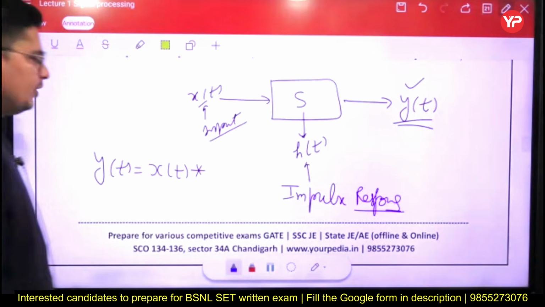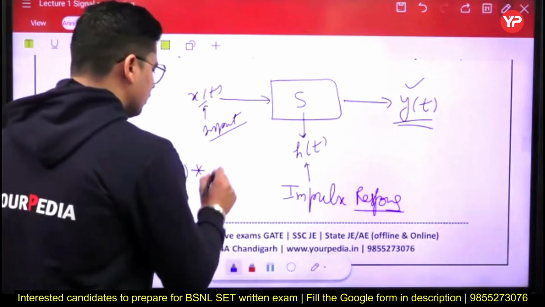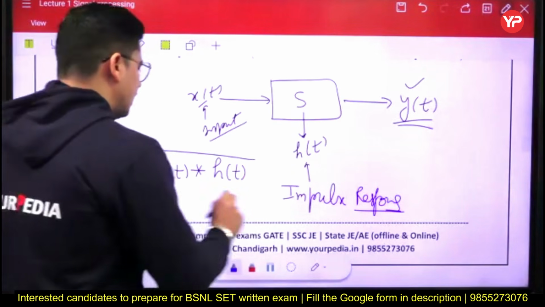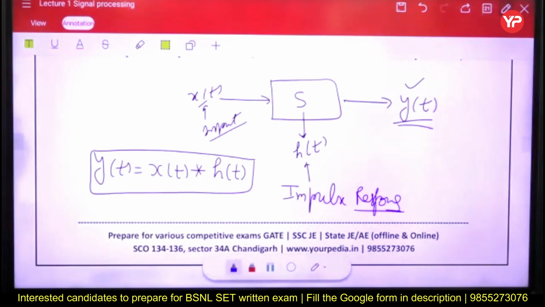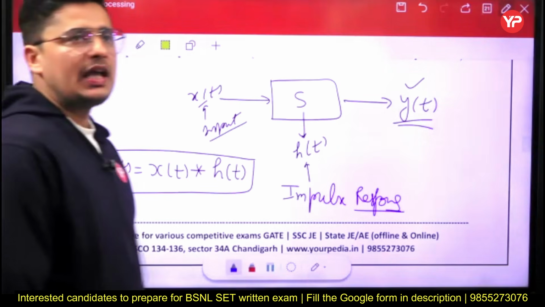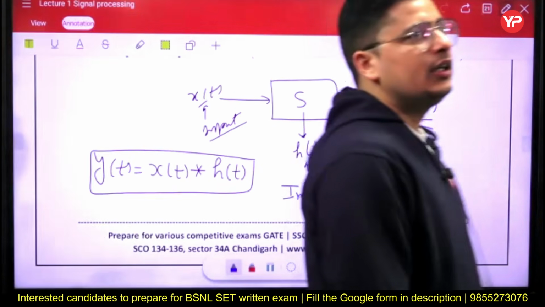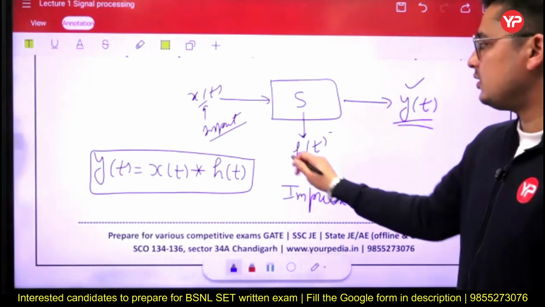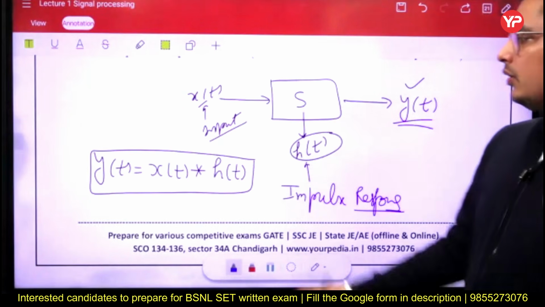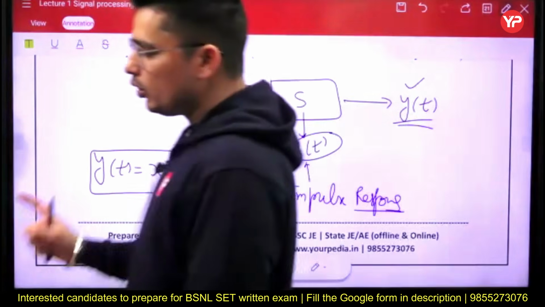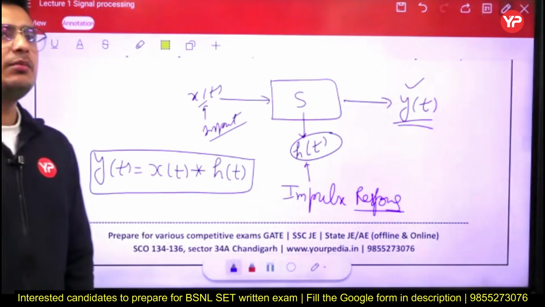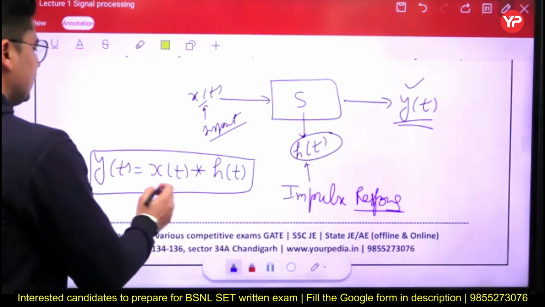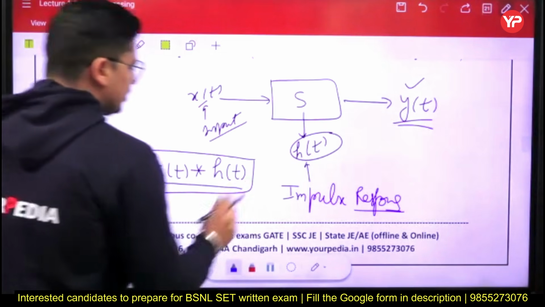So this is the output of an LTI system whose input is x(t) and impulse response is h(t). The output of any LTI system is the convolution of input x(t) and impulse response h(t). Then how can we calculate this convolution?